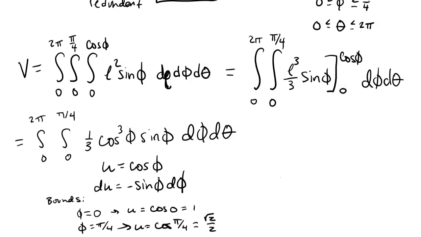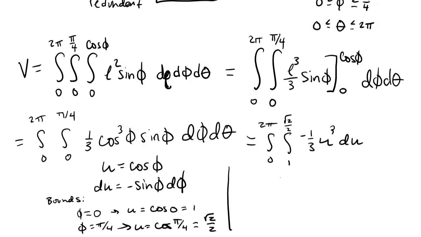So all in all then, we're going to get an integral 0 to 2 pi. We now have our new u integral, which will go from 1 to square root 2 over 2. And then we'll introduce a negative from the du. So we'll have negative 1/3 u cubed. And then sine phi d phi gets replaced with du and the negative, which we already introduced.